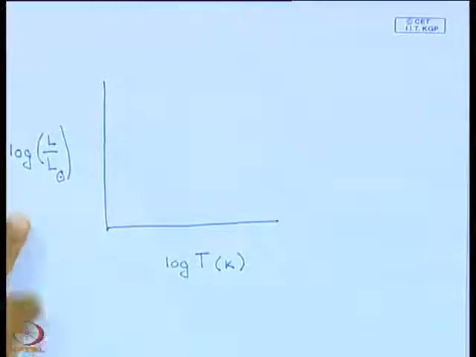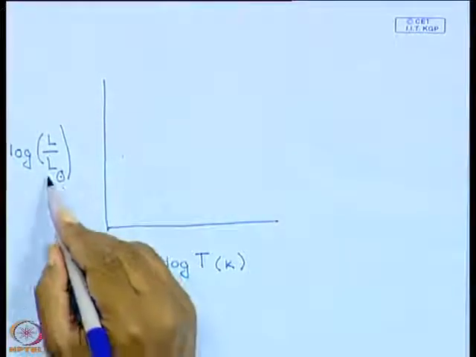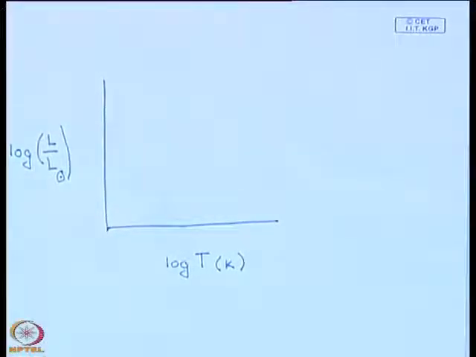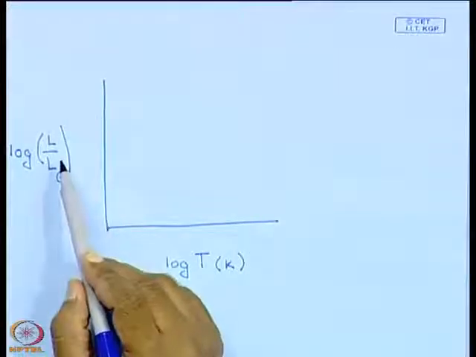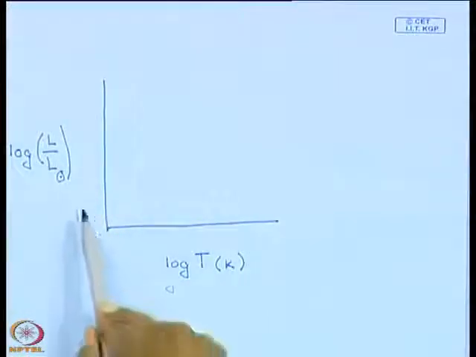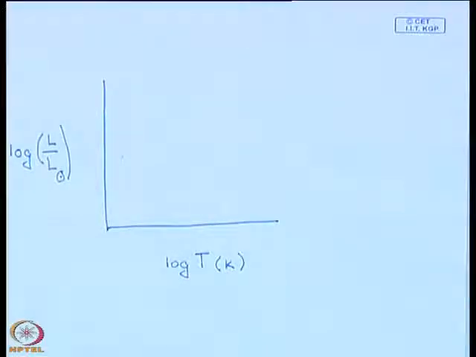So L is the luminosity of the star and L-solar is the solar luminosity. This is the diagram we are going to use, the HR diagram. Observationally, you cannot directly determine these, you would have used the color and the absolute magnitude, but here we are going to draw this theoretical HR diagram which is equivalent.